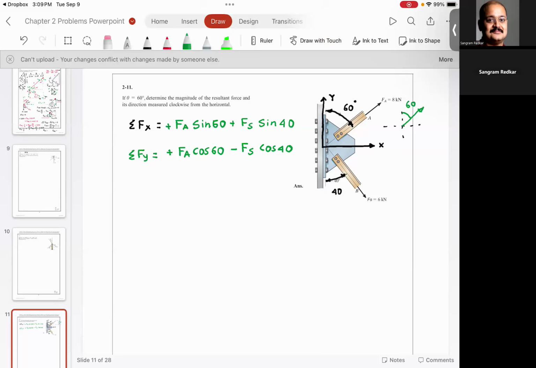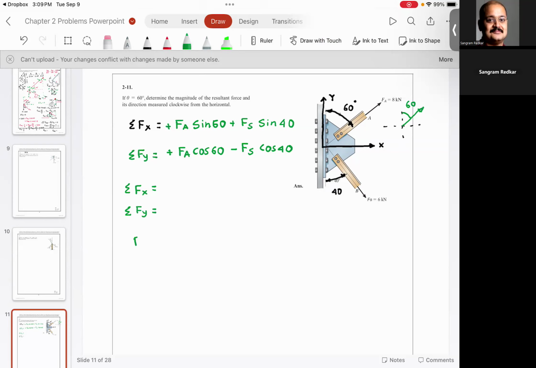What you need to do is FA is equal to 8 kilonewton. So you would substitute FA equals 8 kilonewton, and you are going to get the value for F of x. You can sum for F of y, and you'll get the value for F of y.